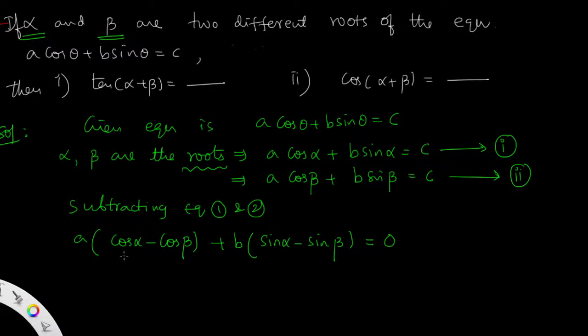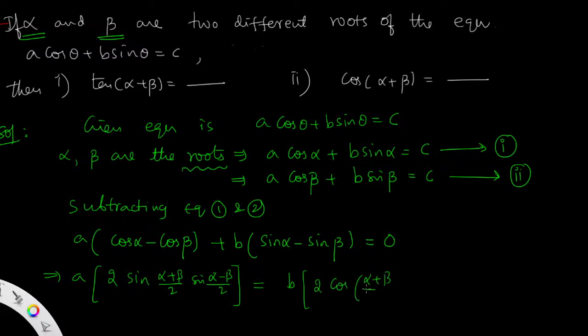Now substitute the formulas: a into minus 2 sin of alpha plus beta by 2 into sin of alpha minus beta by 2 equals, sending the minus to the right-hand side, b times sin c minus sin d, which is 2 cos of alpha plus beta by 2 into sin of alpha minus beta by 2.